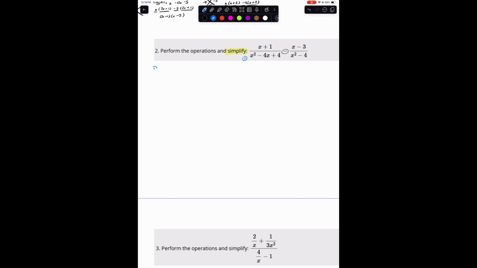For the first denominator, we have x squared minus 4x plus 4. I'm looking for two numbers that multiply to 4 and add up to negative 4. That would be negative 2, negative 2. So we rewrite this as x squared minus 2x minus 2x plus 4.